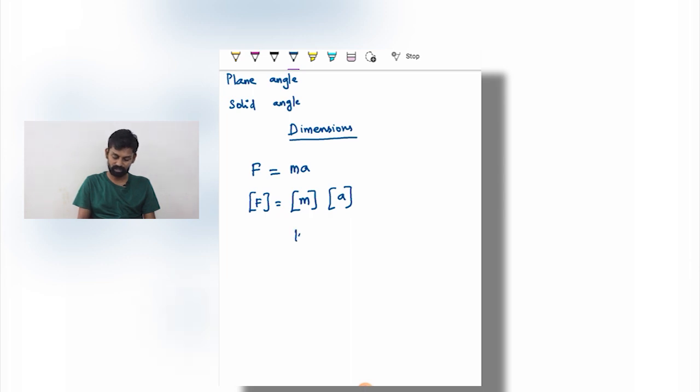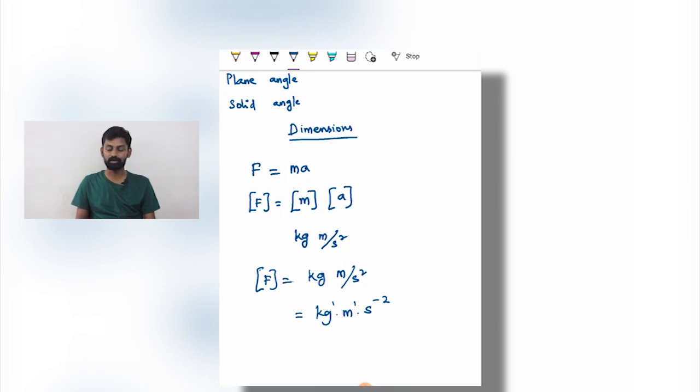Unit of mass is kg and the unit of acceleration is meter per second square. So, the SI unit of force is kg meter per second square, or kg meter s power minus 2. I can write it as kg power 1, meter power 1 and time power minus 2.